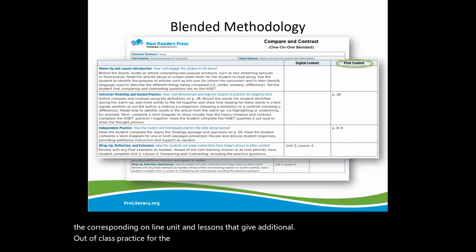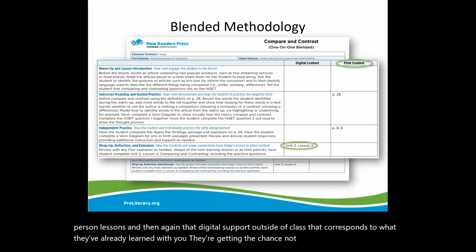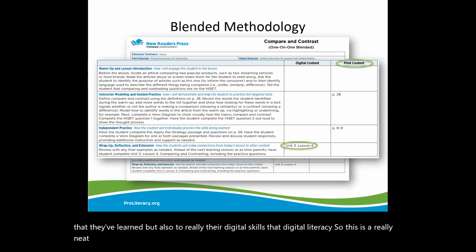So typically, these lessons include print content for in-person lessons, and then again, that digital support outside of class that corresponds to what they've already learned with you. They're getting the chance not only to practice the content that they've learned, but also to really enhance their digital skills, that digital literacy. So this is a really neat way for students to not only practice what they've learned, but practice their skills as well.